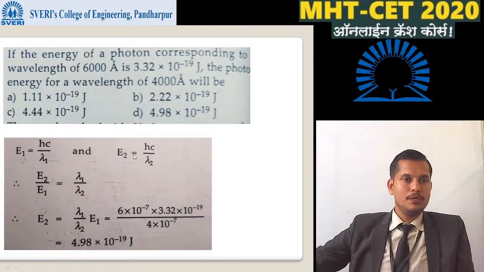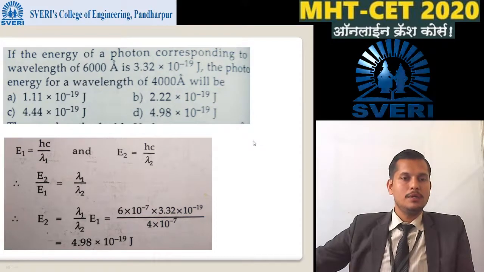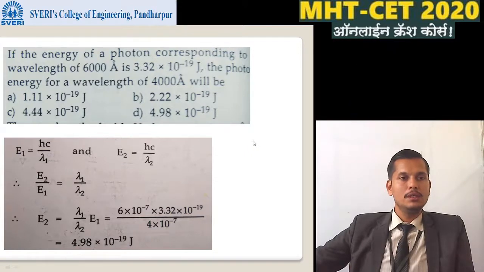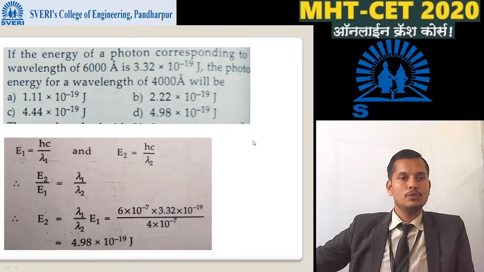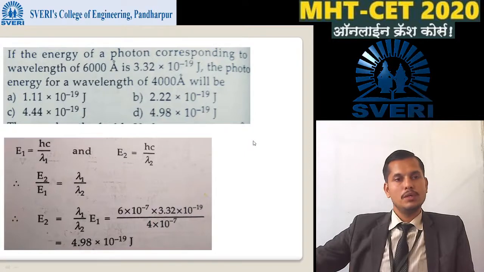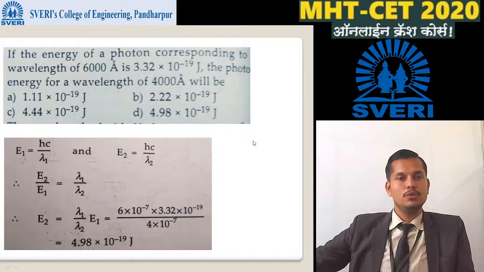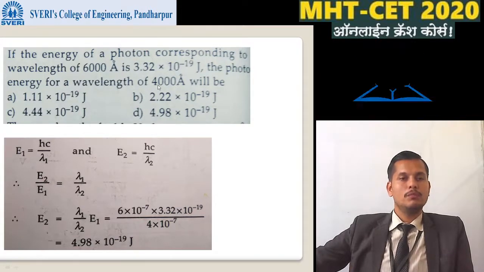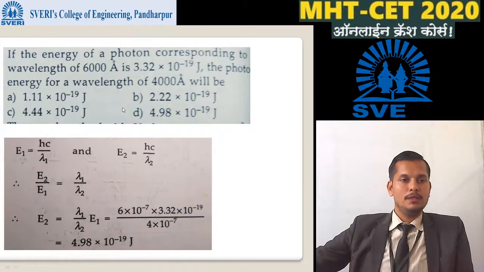So here once again we are comparing the two conditions and determining the value of E. For wavelength 6000 angstrom, energy is 3.32 into 10 raised to minus 19 joule. For wavelength 4000 angstrom, we have to determine the energy.